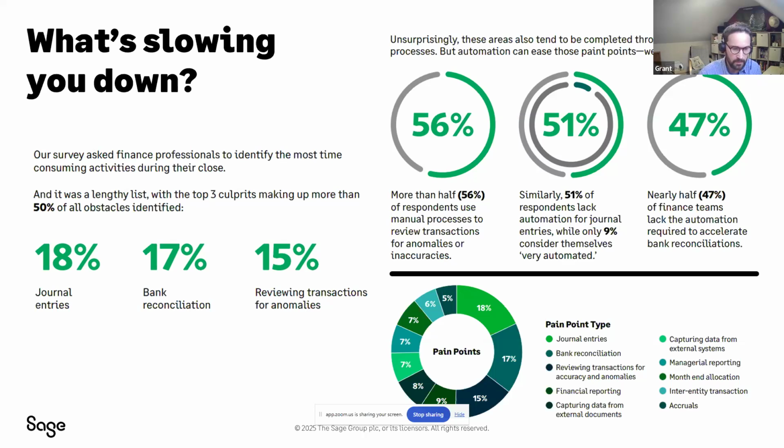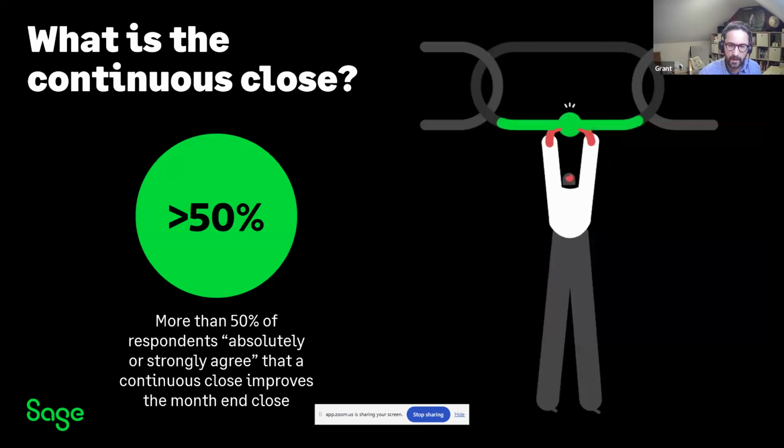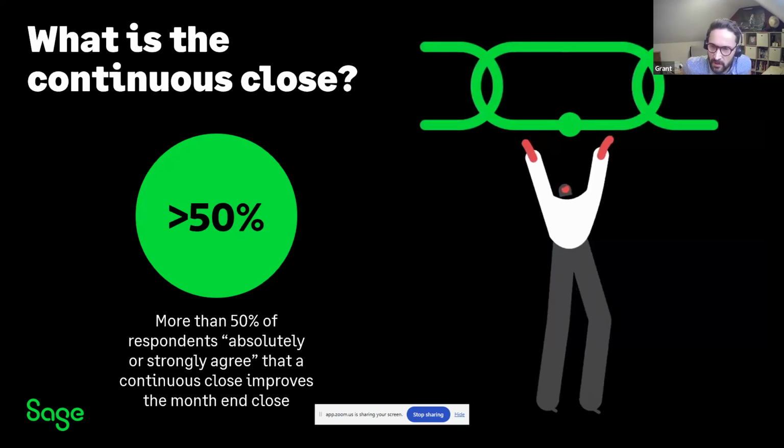I'm going to be moving on then, also talking about the continuous close. Most modern cloud financial systems should provide a continuous close. A continuous close, or continuous accounting, is another way to ease stress at month end. It allows you to run month-end close processes throughout the month, rather than all at month end.